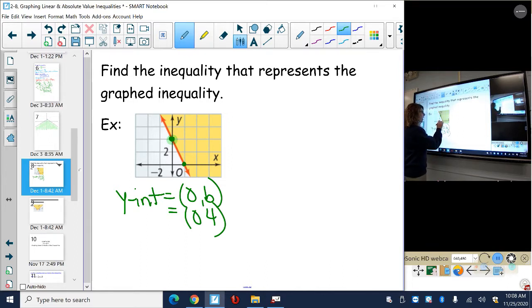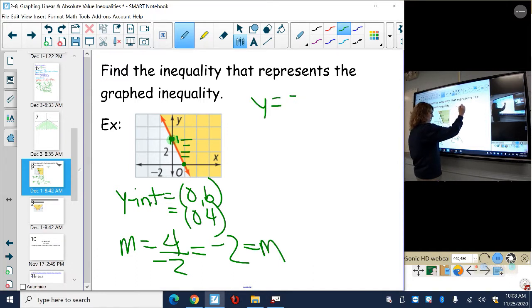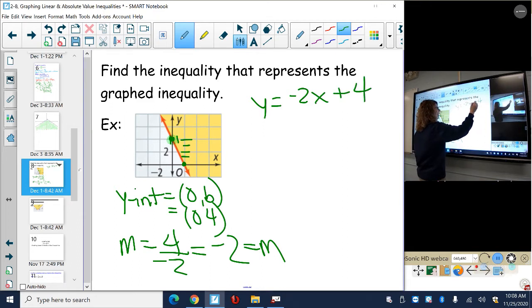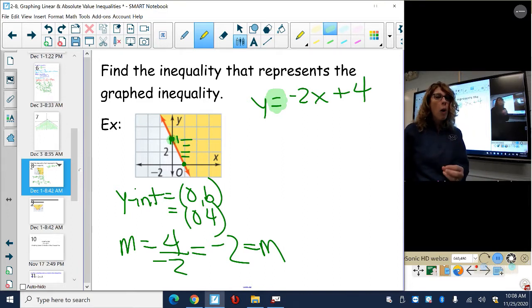So then I need to find another point. So this is going up 1, 2, 3, 4 units, and then going over 1, 2 units to the left. So it's going downhill, so my slope is negative 2. So my equation is y equals negative 2x plus 4. But do you see this right here? I have to get rid of that equal sign, and I need to turn it into an inequality.